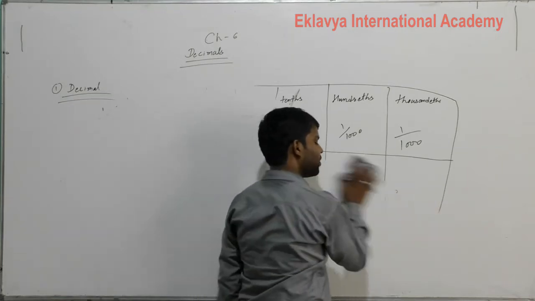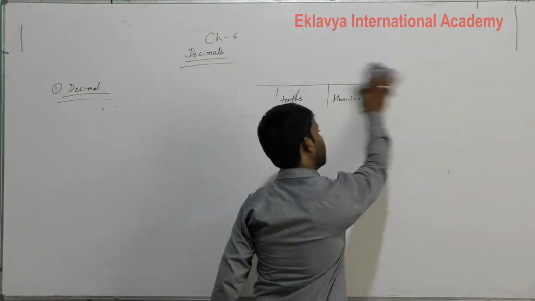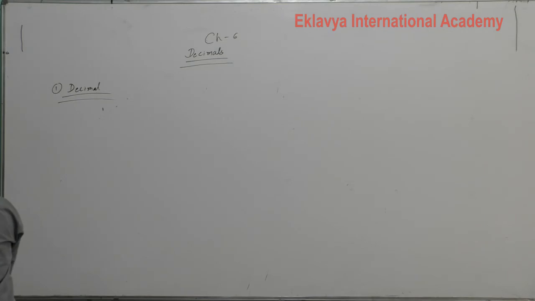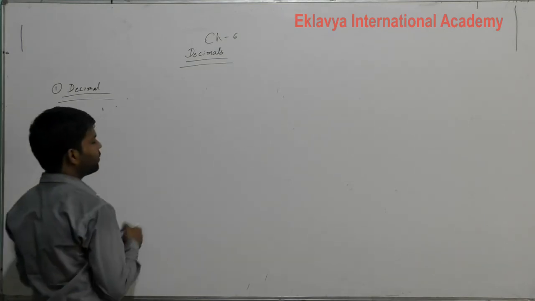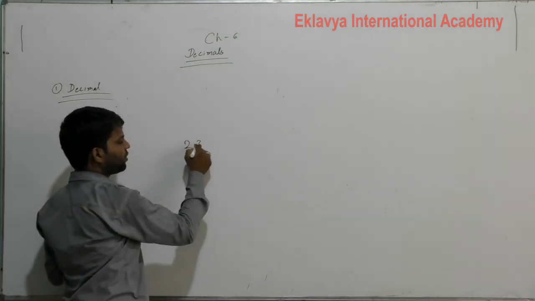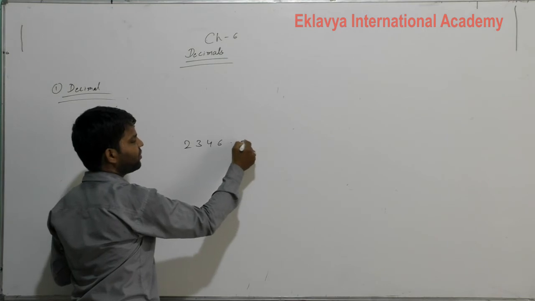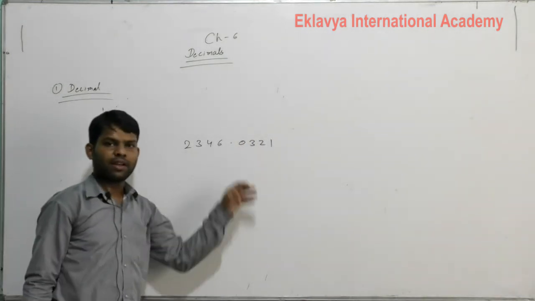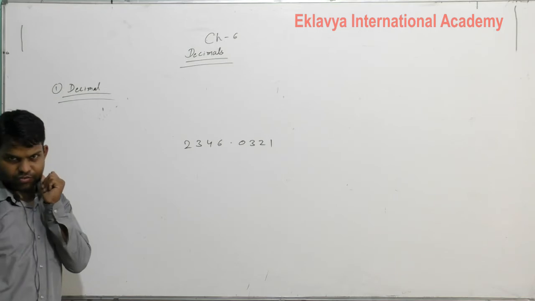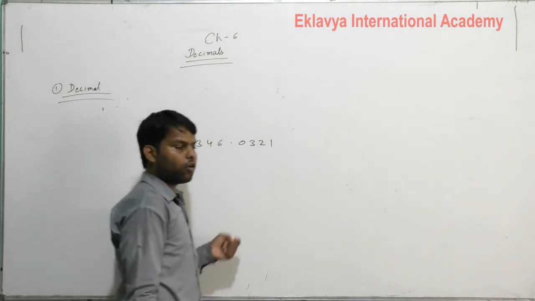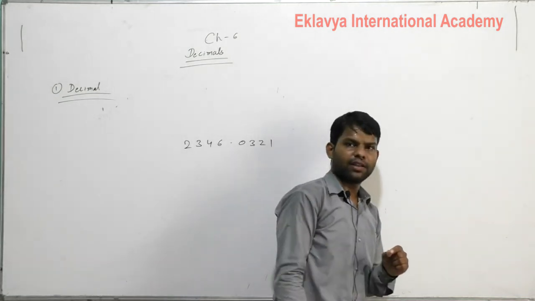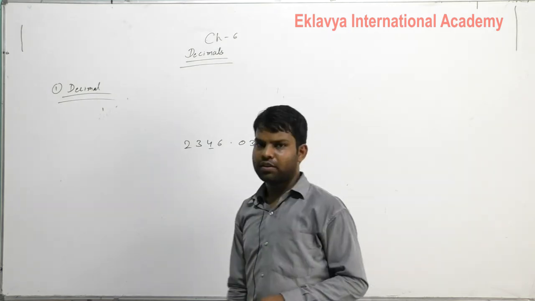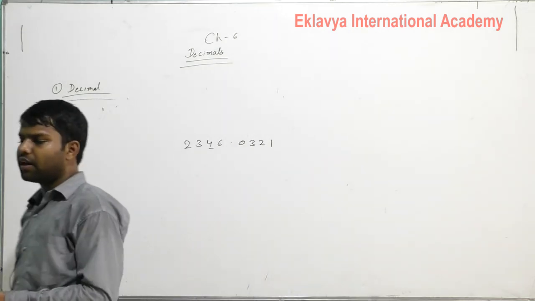If the number is given like 6.0321 with a digit underlined, we want to find the place value of that digit. Here the given number is 4, underlined.